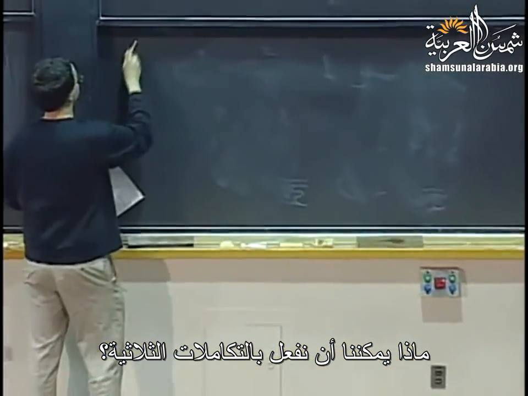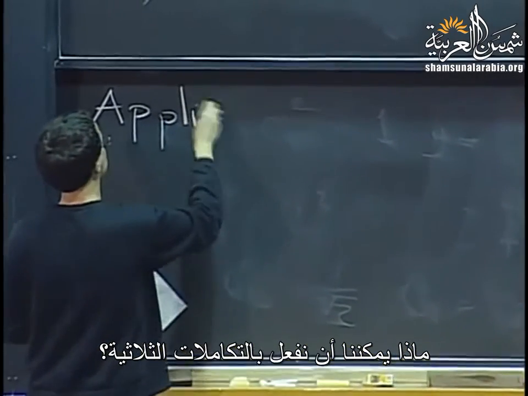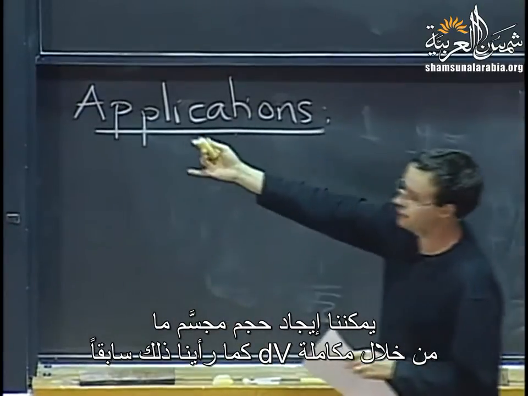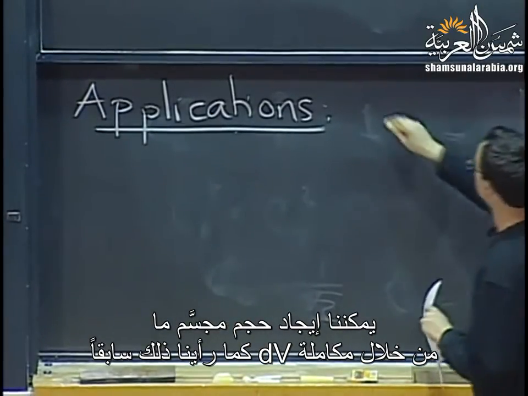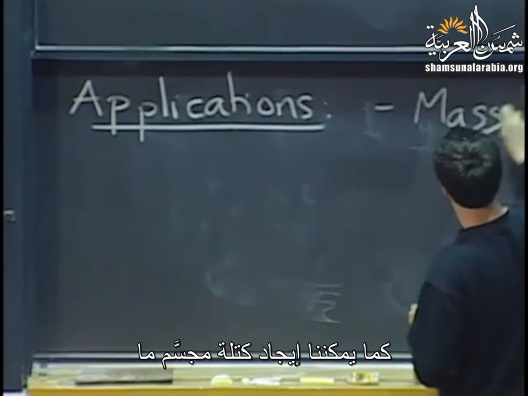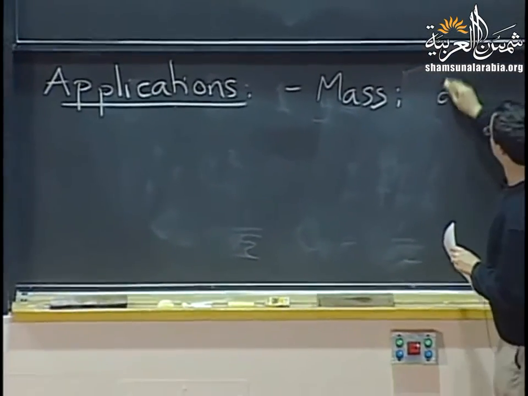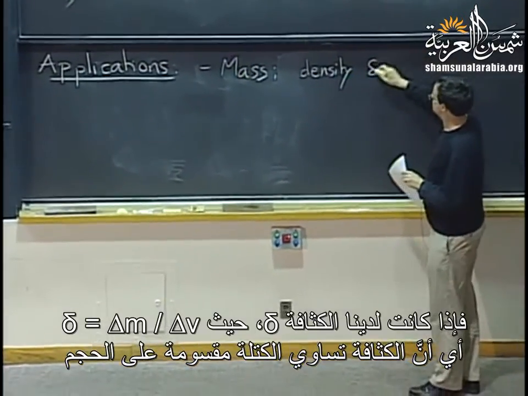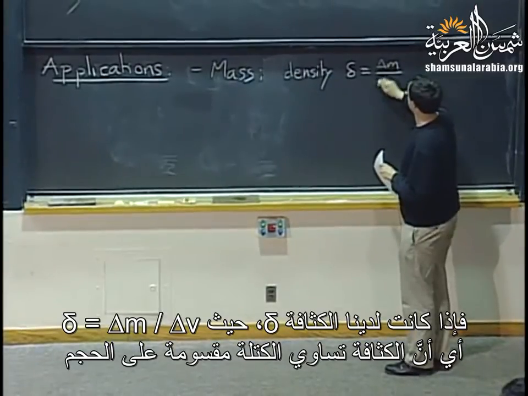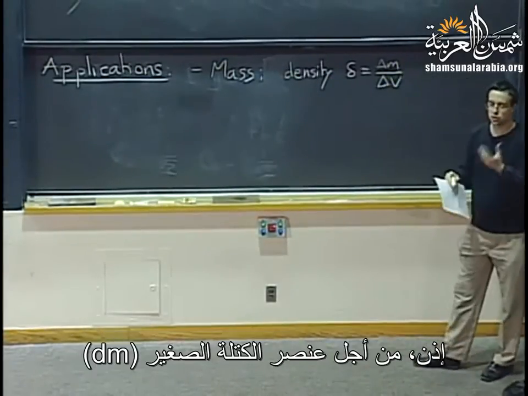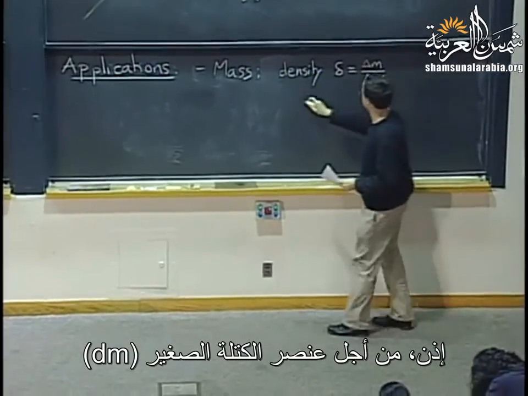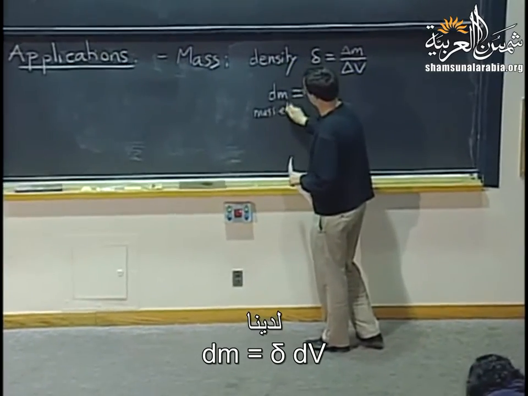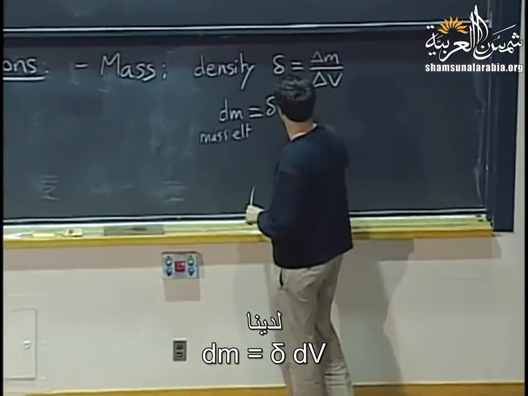So what are things we can do now with triple integrals? Well, we can find the volume of solids by just integrating dV, and we've seen that. We can find the mass of a solid. If we have a density, delta, remember, delta is basically the mass divided by the volume. The small mass element, dm, is density times dV.